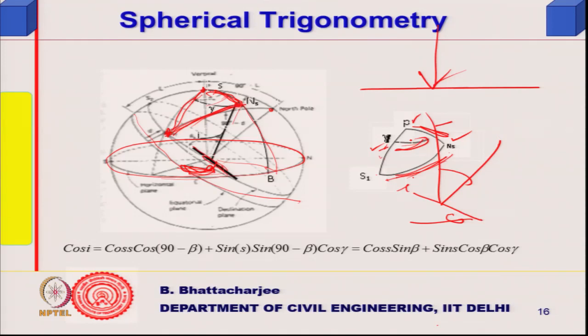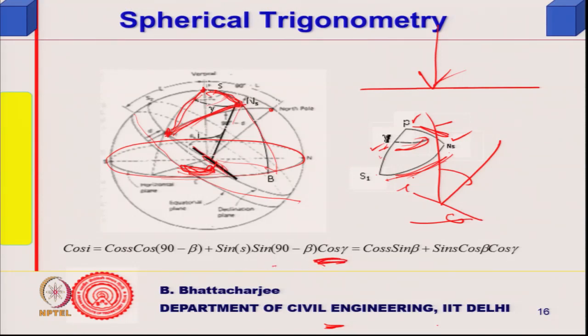So, I can apply the same rule again. Applying the same rule, cos of tilt angle. What is the rule? No, I think there is some slight problem. Let us understand this. This is the wall solar azimuth. Did I write this? Yeah, cos gamma is very much there. The contained angle is right, that is what I said, cos gamma.